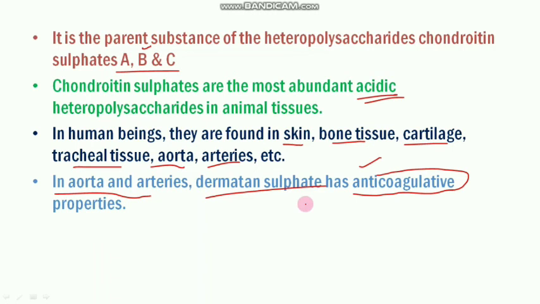It is preventing blood from coagulation. It is preventing blood from clotting. So that the smooth running of blood will be happening through the aorta. So in that way, dermatan sulfate is supporting aorta and arteries for the blood flow. So that's about chondroitin sulfate and the heteropolysaccharide.